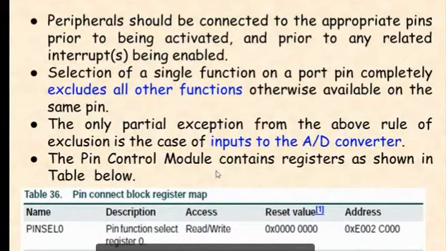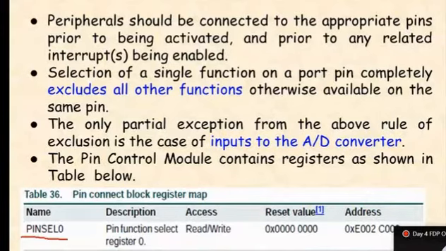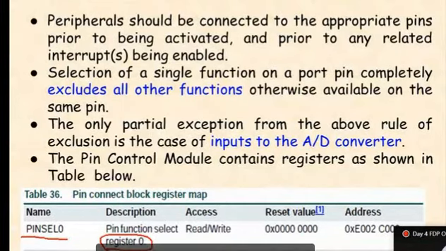Now these peripherals are used. Peripherals should be connected to appropriate pins, and for that there is the pin select register. There are 3 pin select registers: first is pin select 0, pin select 1, and pin select 2. Pin select 0 is the pin function select register 0, then pin select 1 is pin function select register 1, and this is pin select register 2.